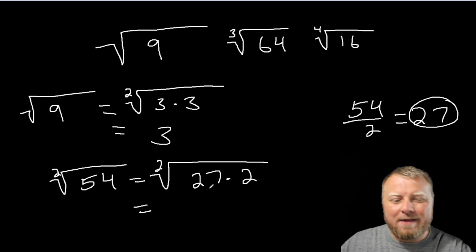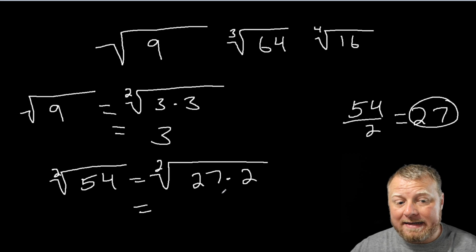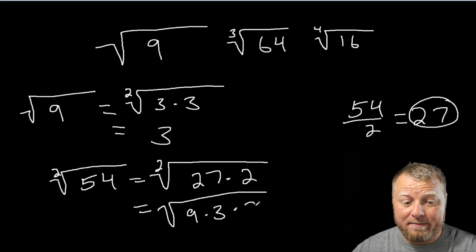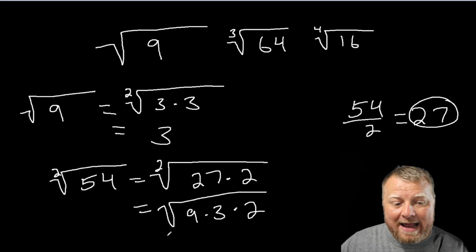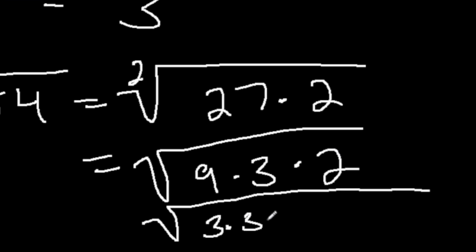Well, what can 27 be broken down into, if you take it down to its prime factors? 9 times 3 is 27. So this is equal to 9 times 3 times 2. We still don't have any groups of 2, so let's break it down even further. What does that 9 break down into? Square root of 3 times 3 times 3 times 2, right? That still equals 54 at the end of the day.